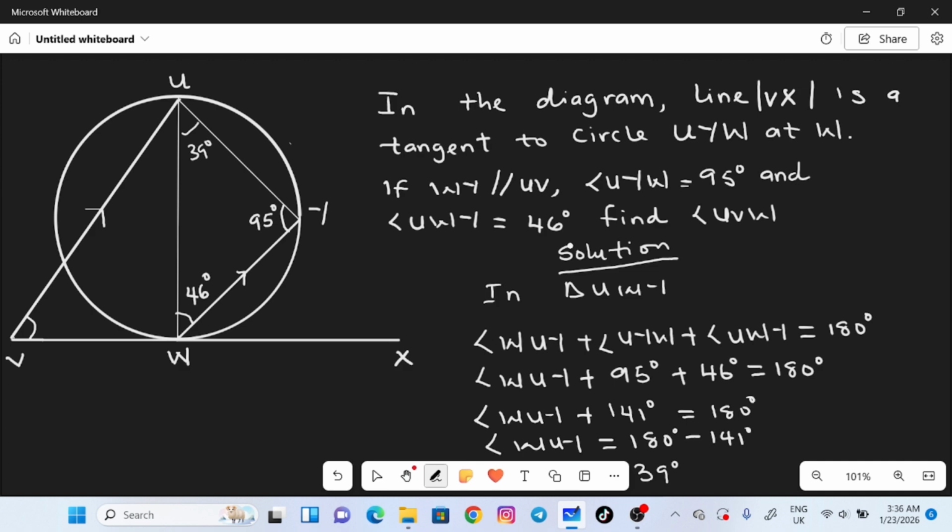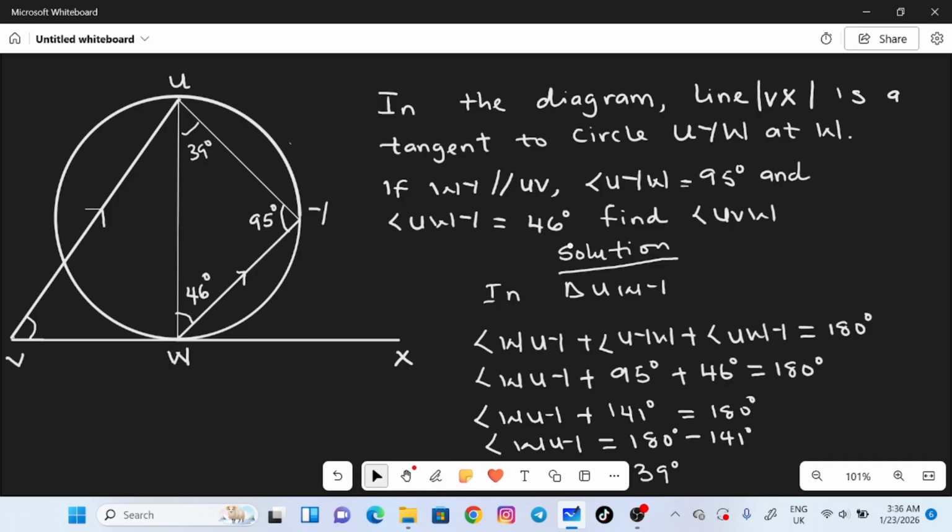Using the alternate segment theorem, which says the angle between a tangent and a chord is equal to the angle in the alternate segment of the circle. So the theorem says, in this case, our tangent is VX and our chord is WY.